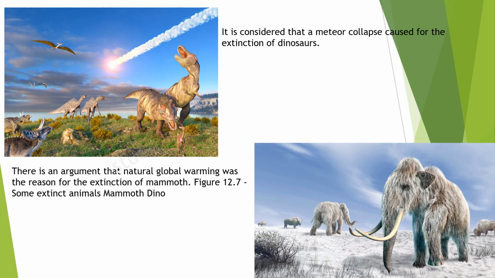It is considered that a meteor collapse caused the extinction of dinosaurs. And about the mammoth, there is an argument that natural global warming was the reason for its extinction, and some other animals also.